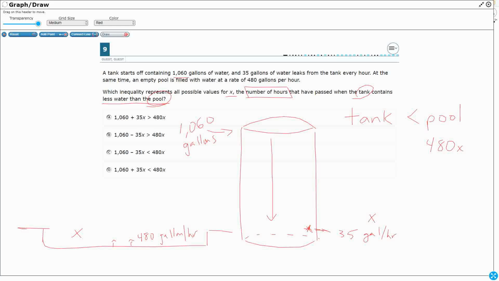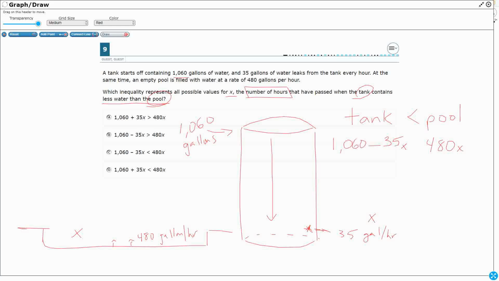The tank is a little bit different because it's actually decreasing. We are decreasing at the rate of 35 gallons per hour. So it's 35x less than whatever our starting one is, and our starting is going to be that 1060.